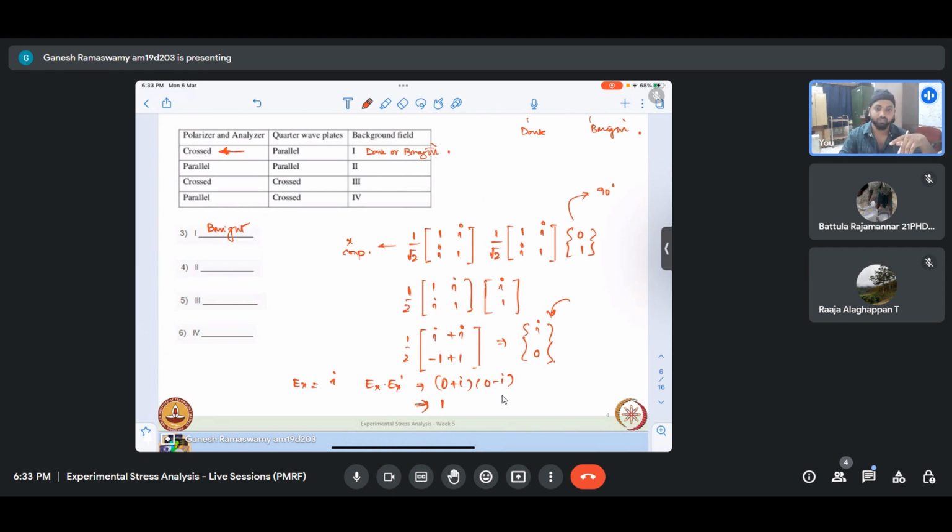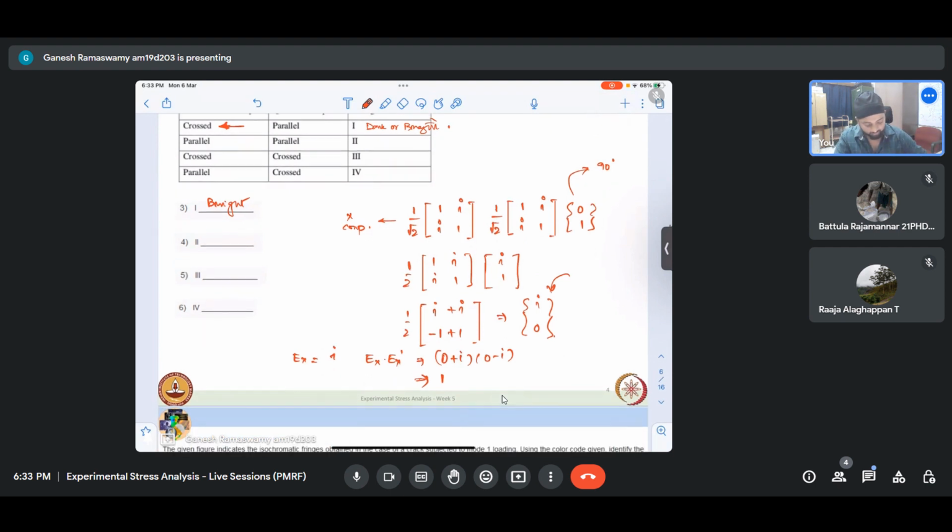This is being developed at Digital Photomechanics Lab at IIT Madras. In a similar vein, one can derive that this is dark, this is also dark, and this is bright. I leave it to you to try this out once, and if there are any questions, you can approach. This has to be done in a similar manner.